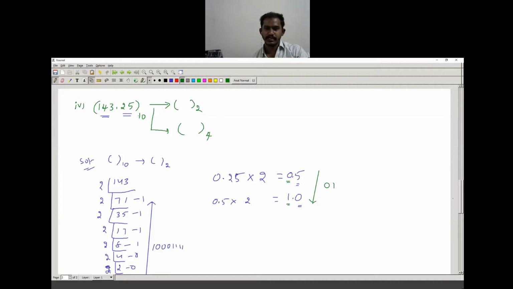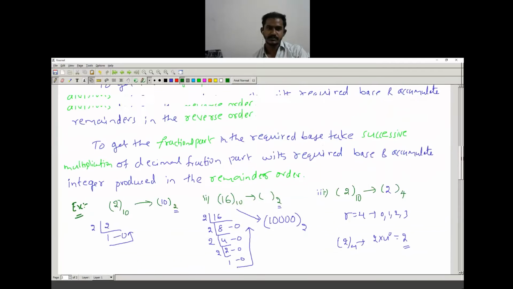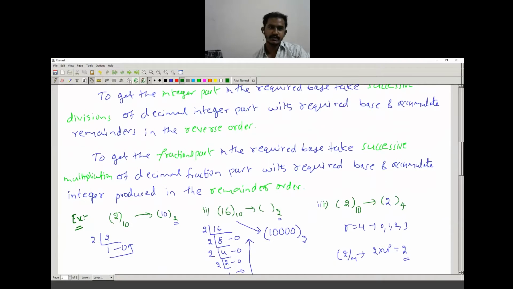You can observe this point: to get the fraction part in the required base, take successive multiplication of the decimal fraction part with the required base and accumulate the integers produced in the same order.